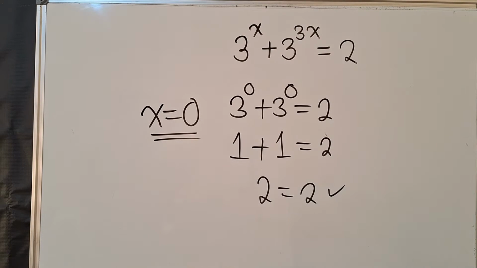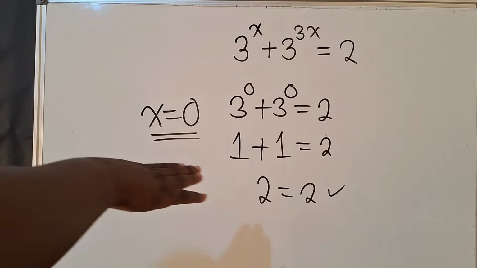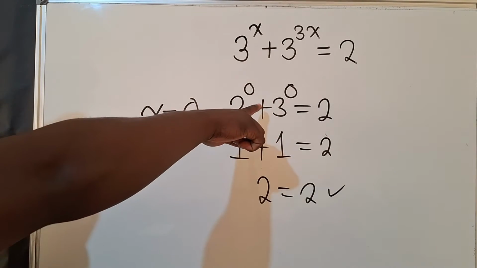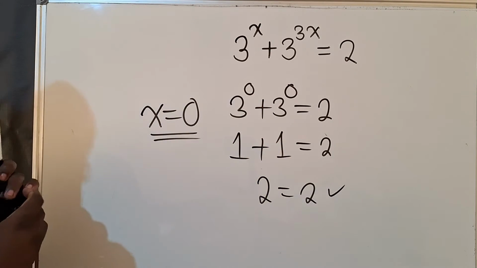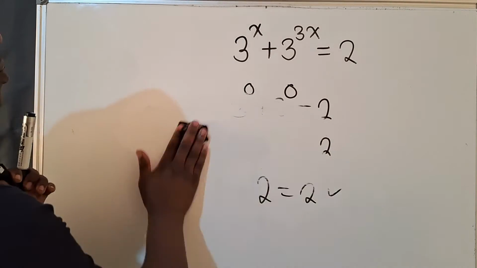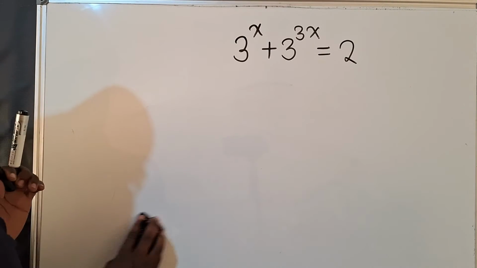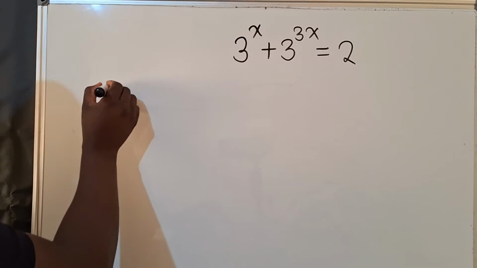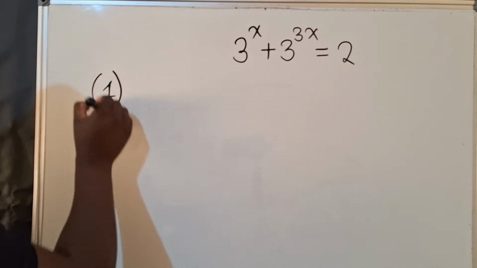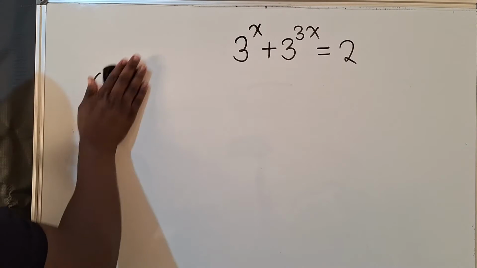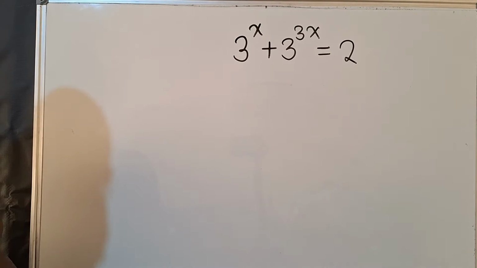Now, how do we solve? We've guessed quite okay that the value of x is equal to a 0. Now, how do we get to solve this one? Look at this. Let's move together. So here, there's a property we need. It's only one property which is very important.